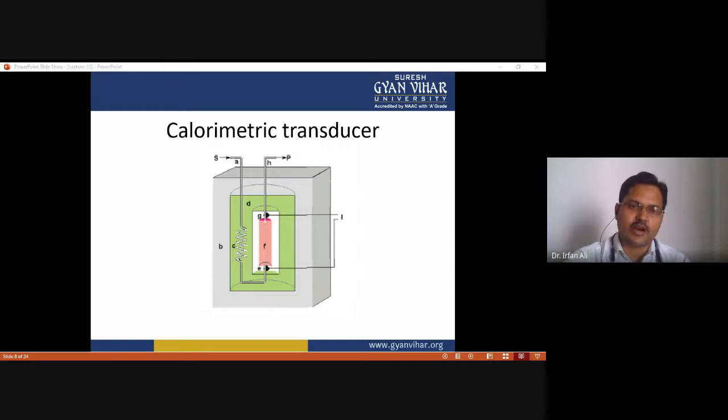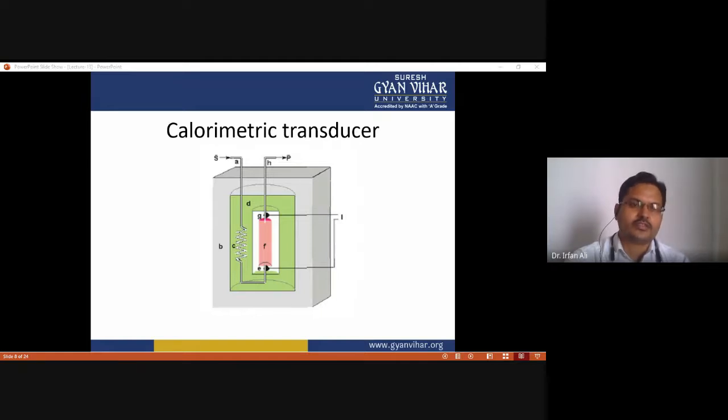Then it moves out from the point H, passing through the thermistor G. So the change in the resistance of the two thermistors is noted, which confirms the occurrence of the reaction.